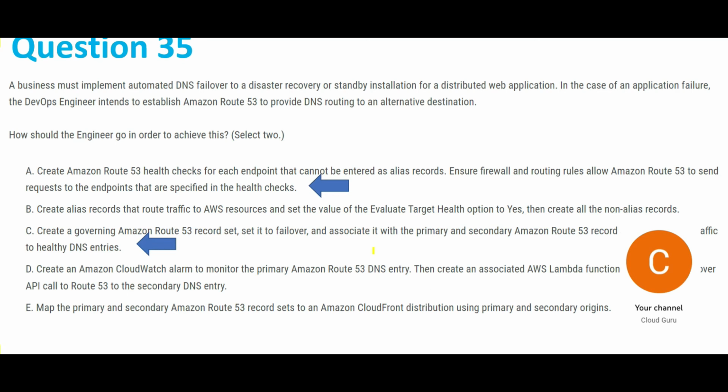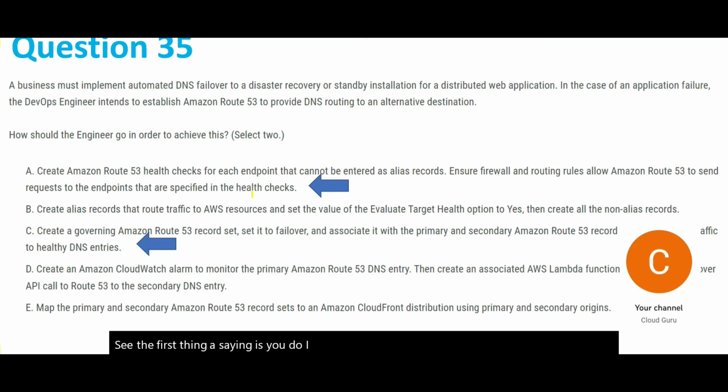The first thing A is saying is you do a health check where you want to route, and then you should ensure that your firewall and routing rules do not stop you from moving from prod to tier. That is required. Now once that is done, you will create a routing record set and set it to failover, because when the application fails in primary, then it should go to the disaster environment. This is what we need to do, and you want to check healthy DNS entries.